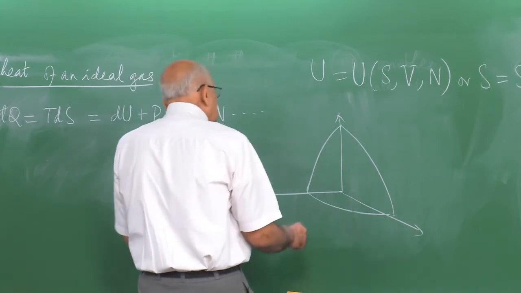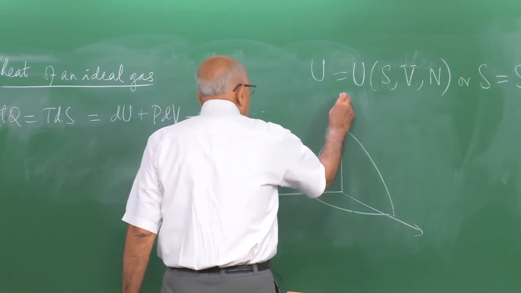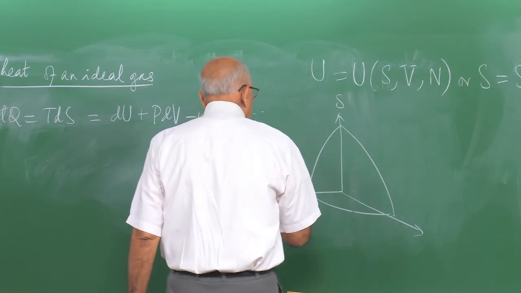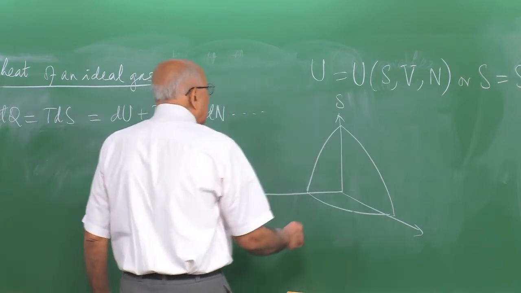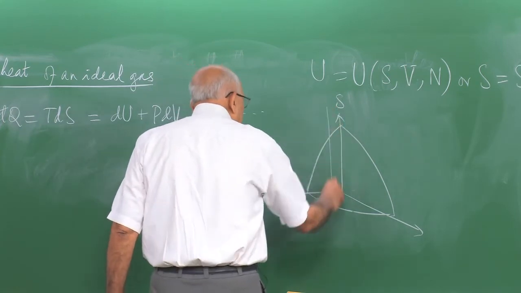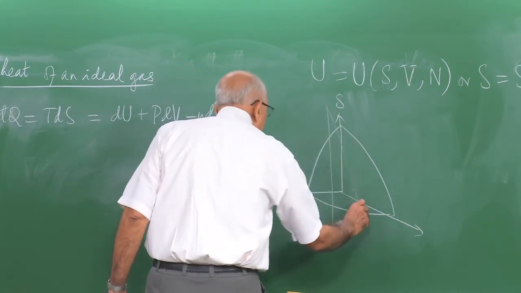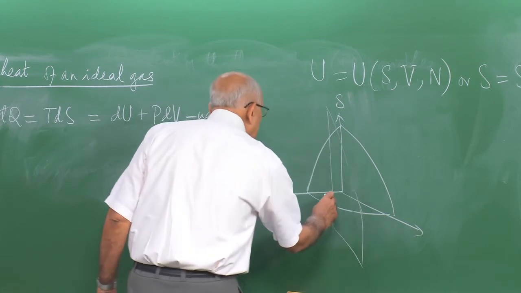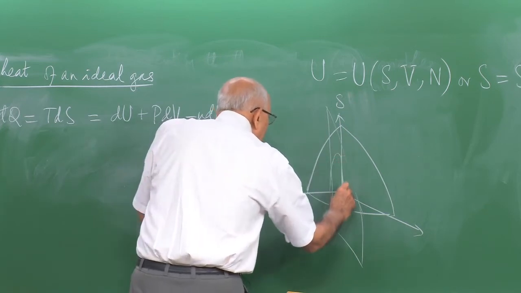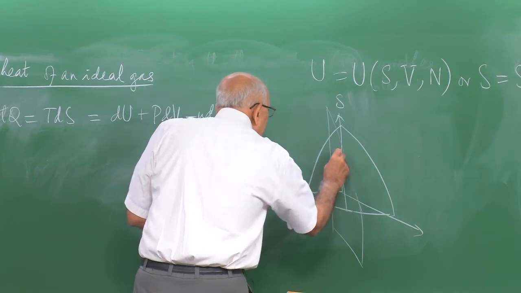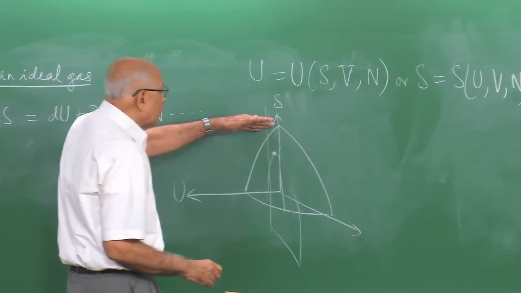And if you looked at a section of this, here is S and here is U. If you looked at a section of it by cutting it in a perpendicular section, for instance, I am not very good at drawing this, then you have a state on this surface which is at a maximum value of the entropy.